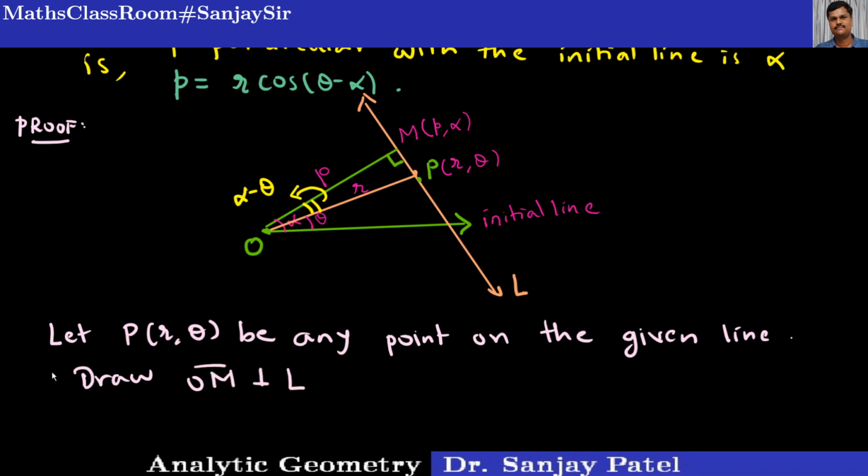By the hypothesis, the length of this perpendicular, that is OM, is equal to small p, and the angle made by this perpendicular with the initial line, that is MOP, is equal to alpha.